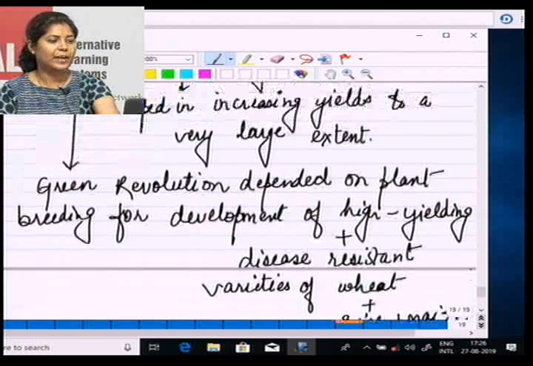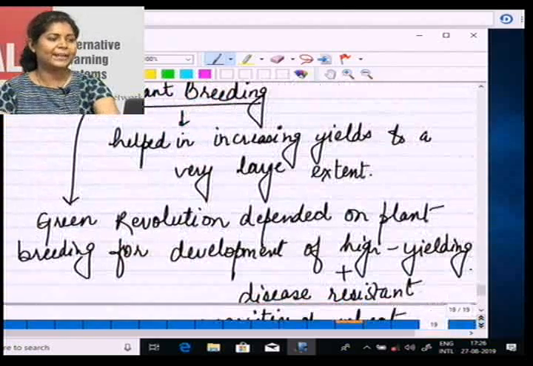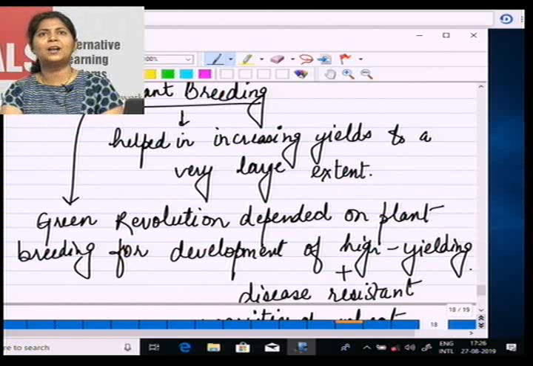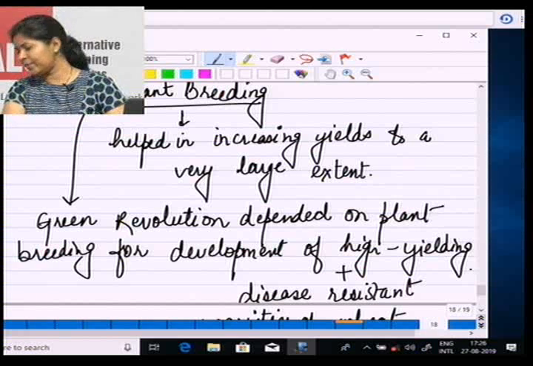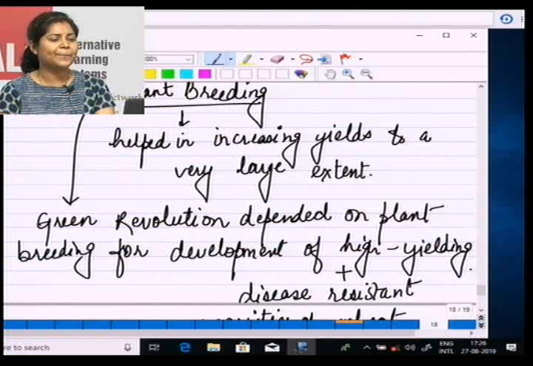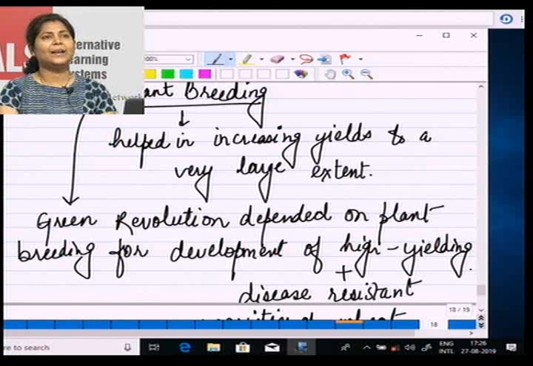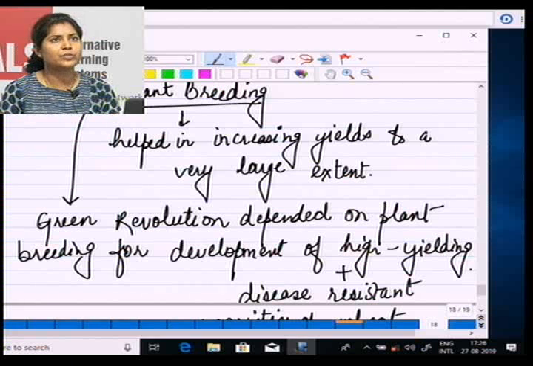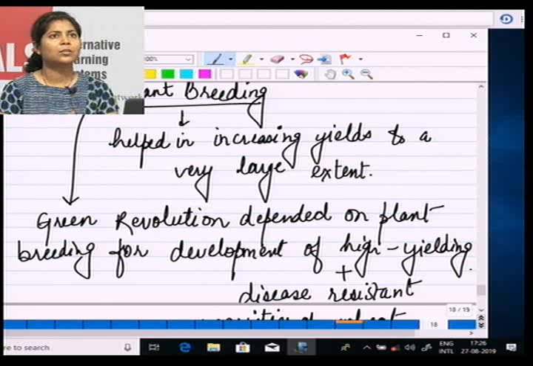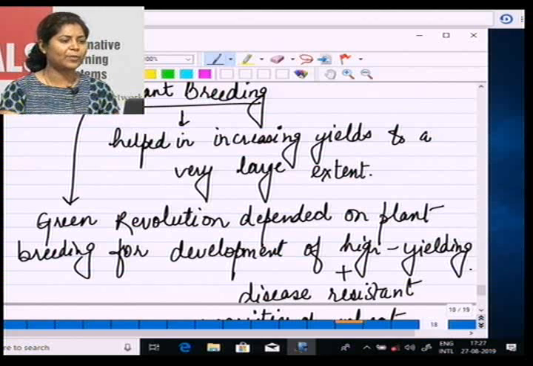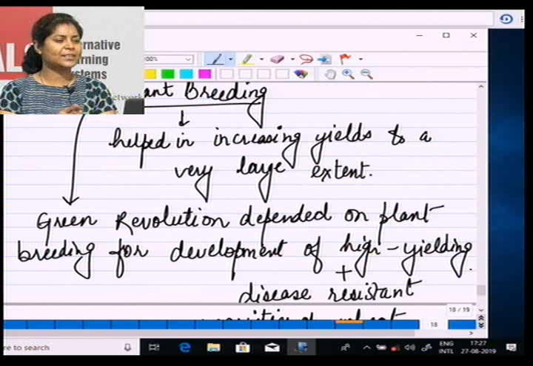Let's see once more: plant breeding helped in increasing the yields to a very large extent. So today we have very good plant breeding techniques, and those techniques have actually made our yield go to a very, very high extent. Okay. Shillong, there are 4 children at Shillong? Okay. Fine.